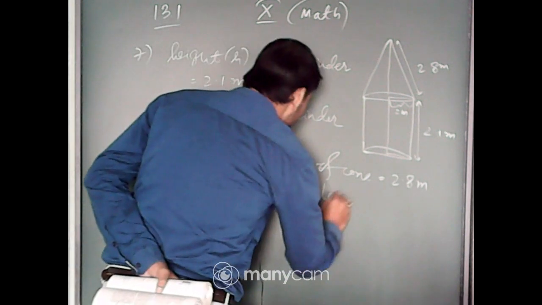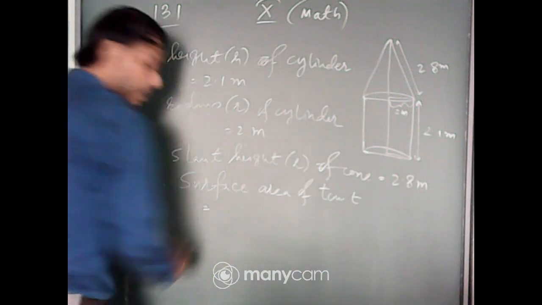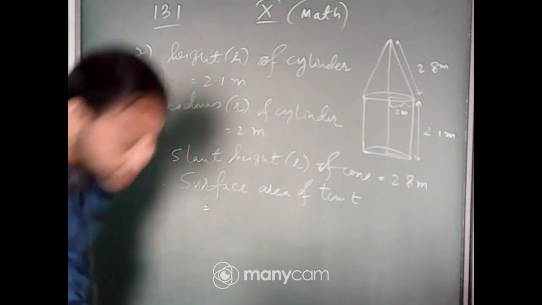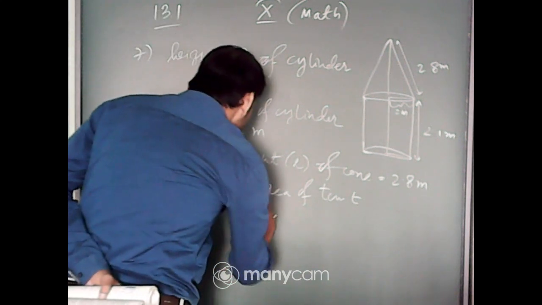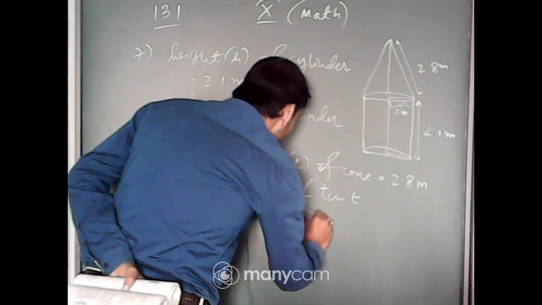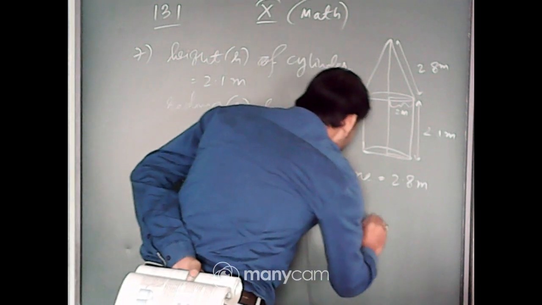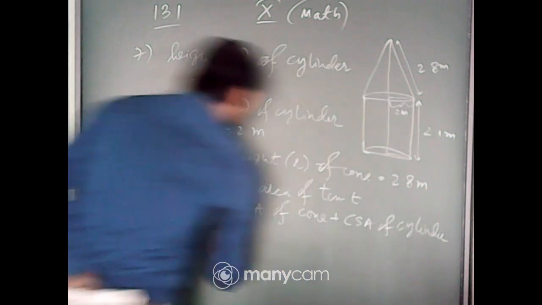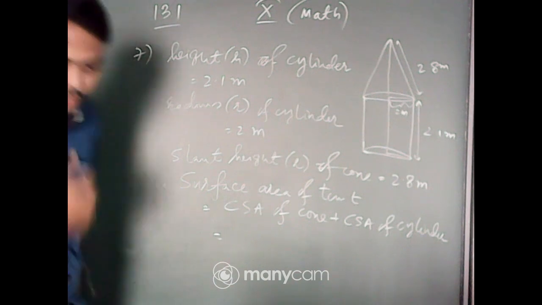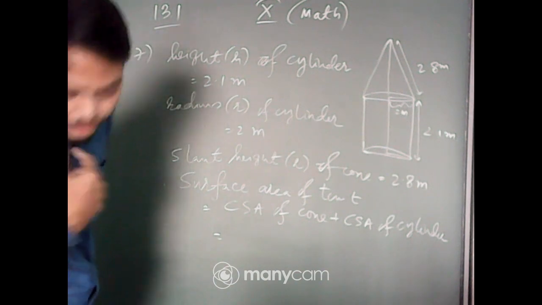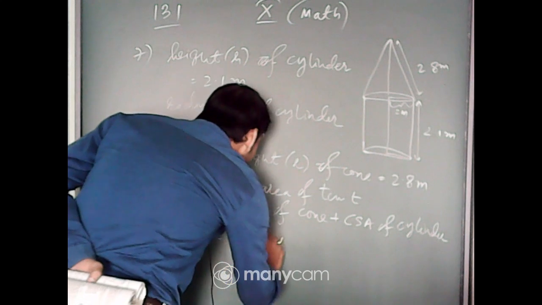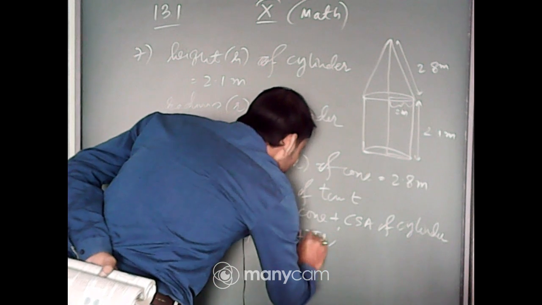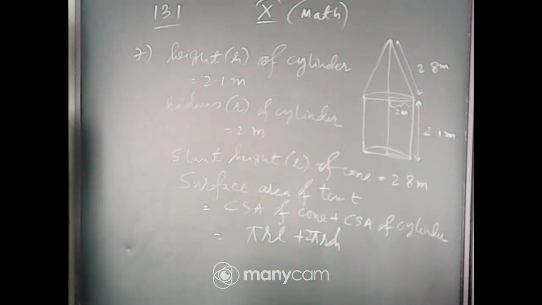That means the CSA of cone plus CSA of cylinder. That means it will be pi RL plus 2 pi RH.